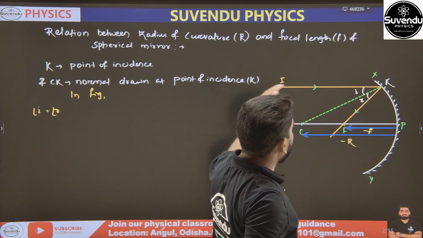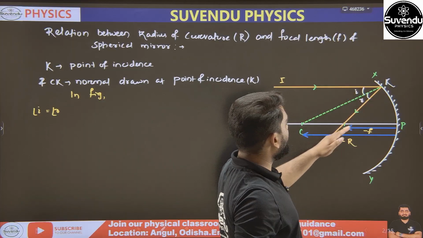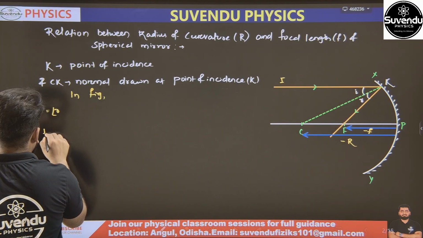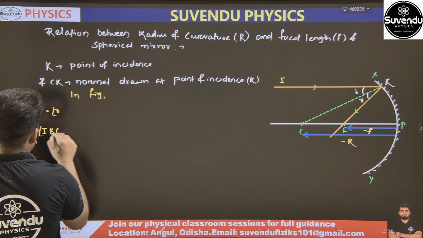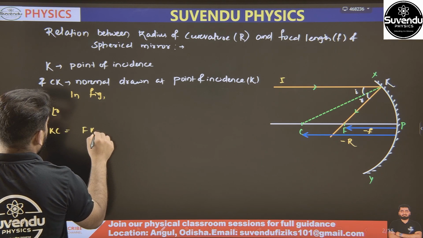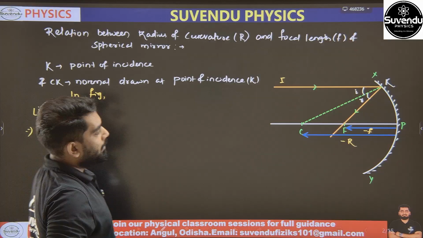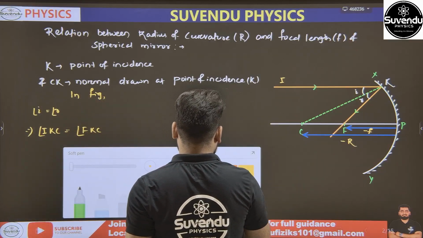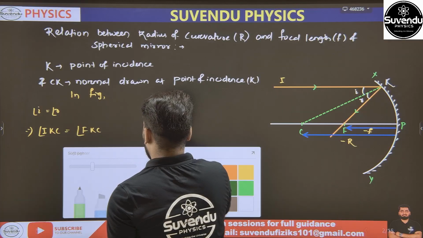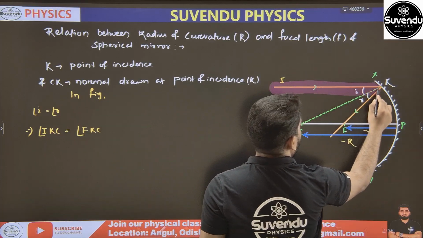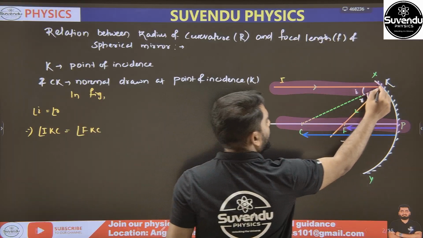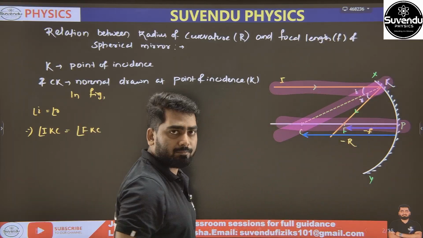The angle IKC is equal to angle FKC. Again, one more thing is visible: consider these two lines are parallel to each other and see the intersection.